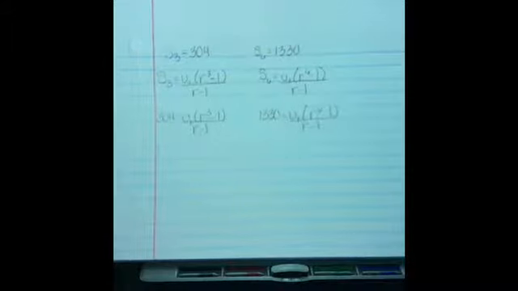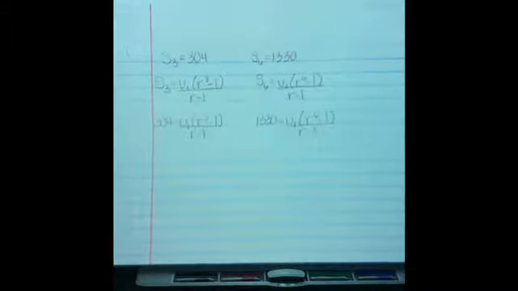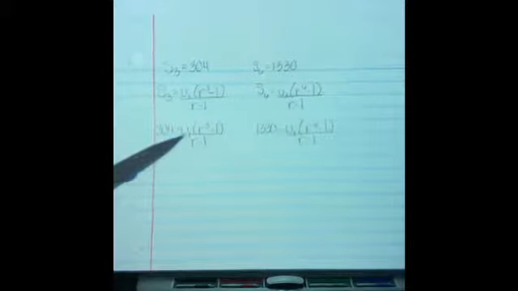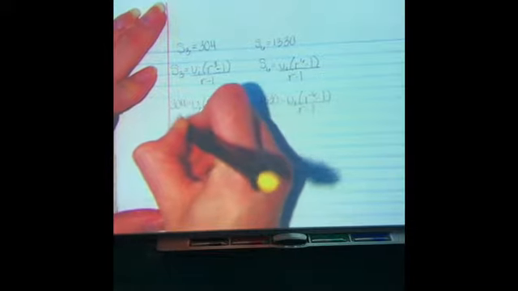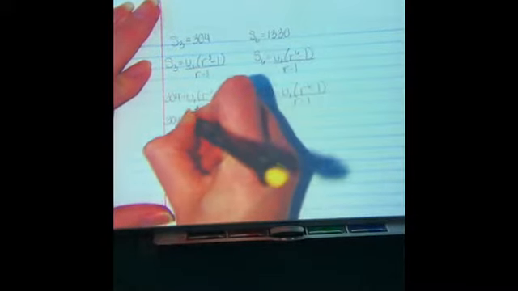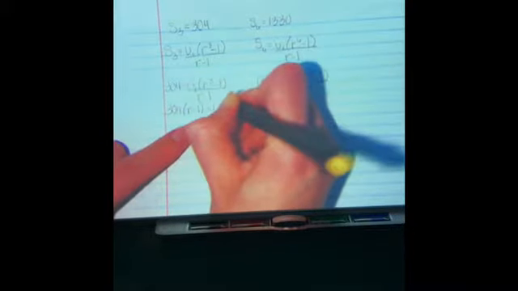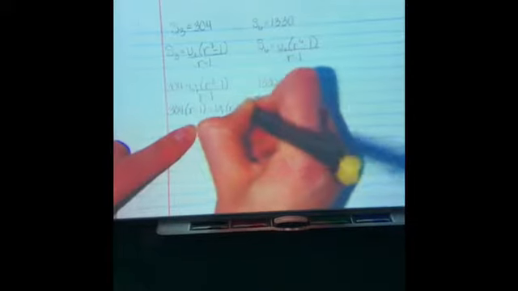So the easiest way to go about solving this, in my opinion, is to go ahead and solve for one variable on this equation and then solve for that same variable on this equation right here. And I feel that the easiest one to solve for would be U sub 1. So that's what I'm going to do. So over here, to get U sub 1 by itself, first I'm going to multiply both sides by the quantity of R minus 1, giving me 304 times the quantity R minus 1 equals U sub 1 times the quantity R cubed minus 1.